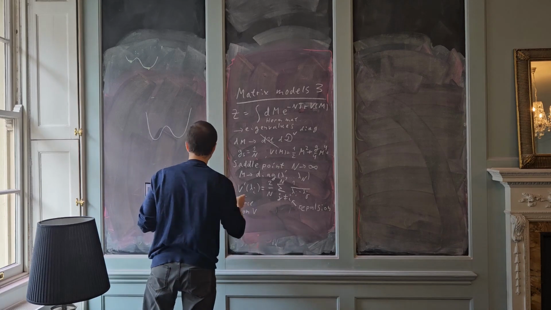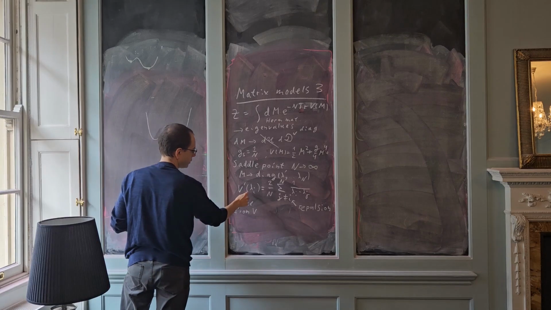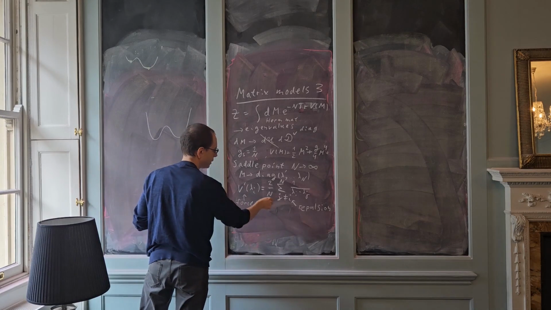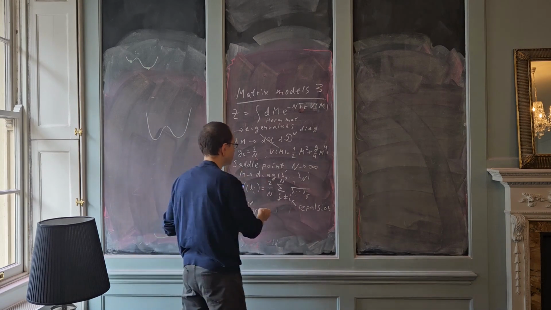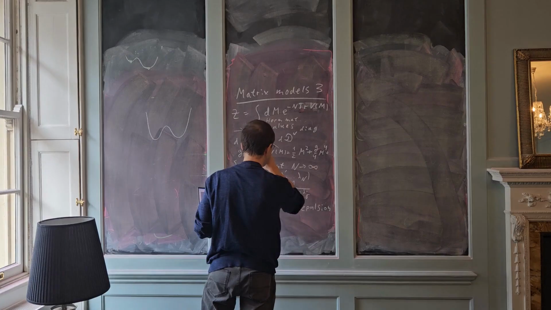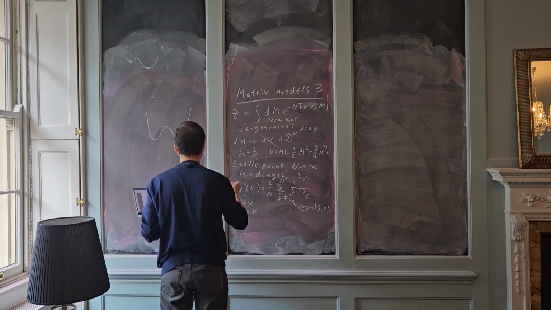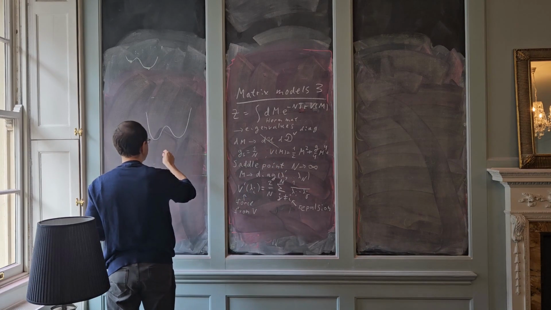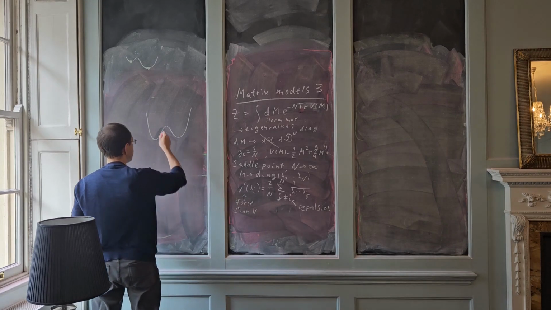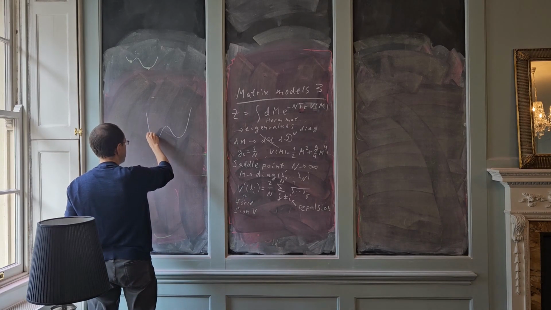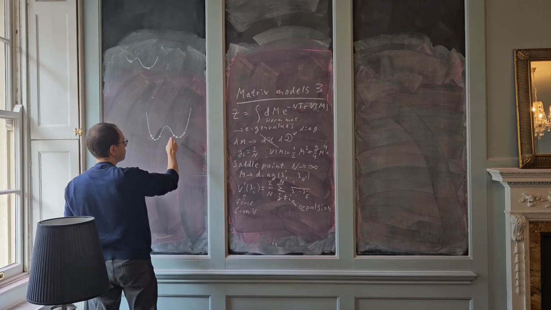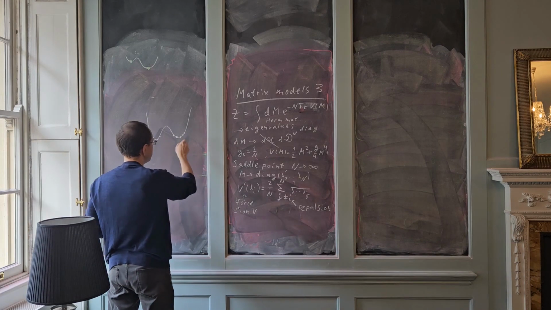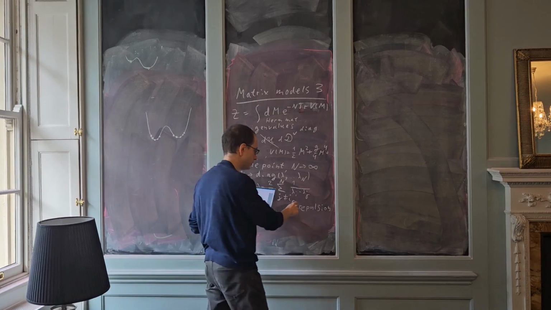Our lambda i's are particles on the real line, or more generally on the complex plane. We will not discuss the complex case here, but potentially they might be on the complex plane. They will be driven by the force from the potential to sit at the bottom of the potential well, something like here. These are possible solutions for lambda i's. But they cannot all sit at the same place because of the repulsion force.